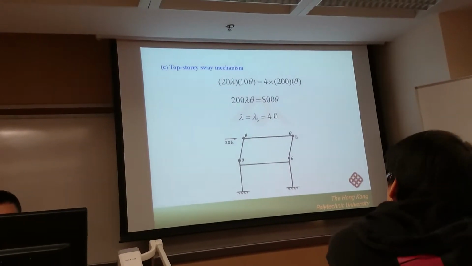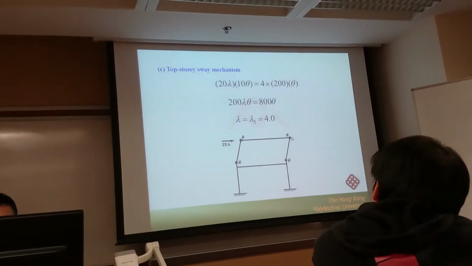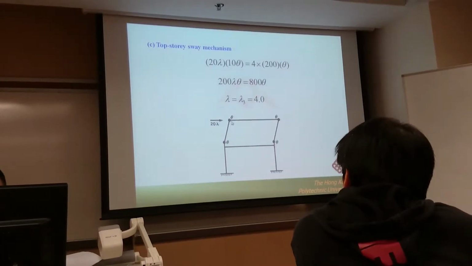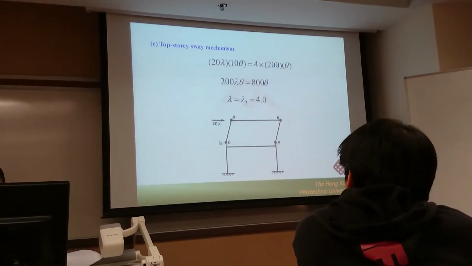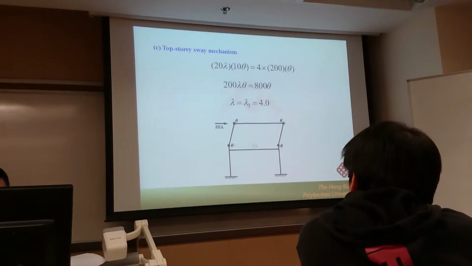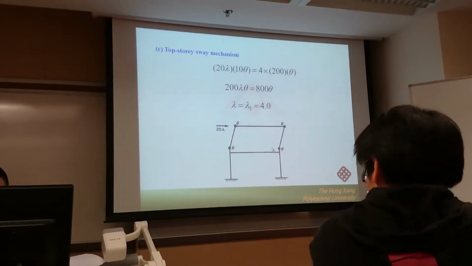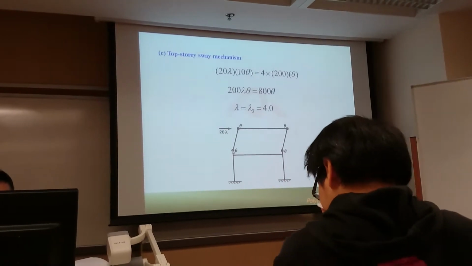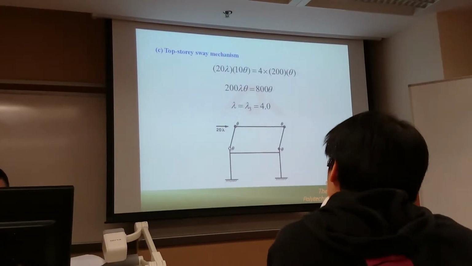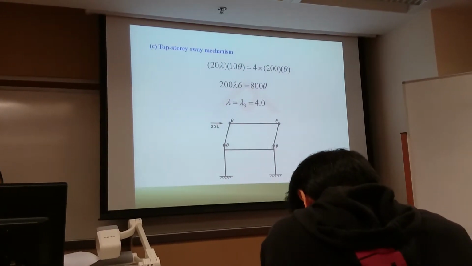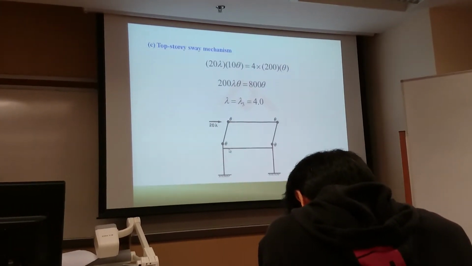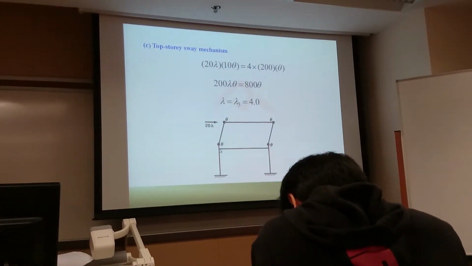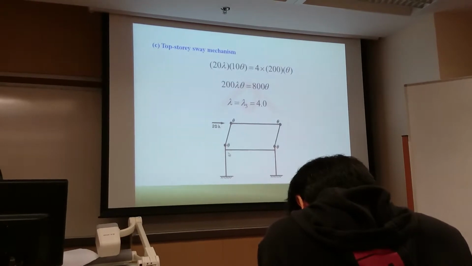Top story sway: for the 2 plastic hinges at the top story, the plastic moment is equal to the lesser value. But for the plastic hinges at the bottom of the top story, you have to take the plastic moment equal to the plastic moment of the 2 columns, because here we assume the connection between the column at the first story and the beam is a rigid connection.